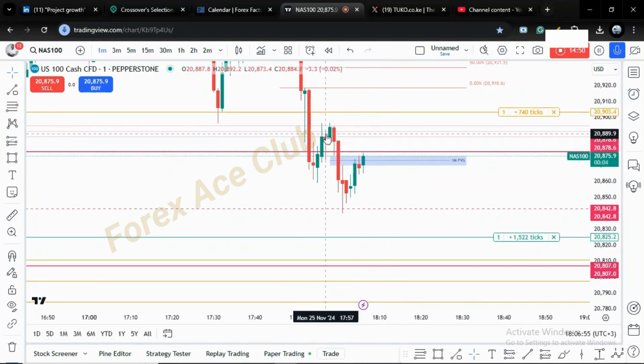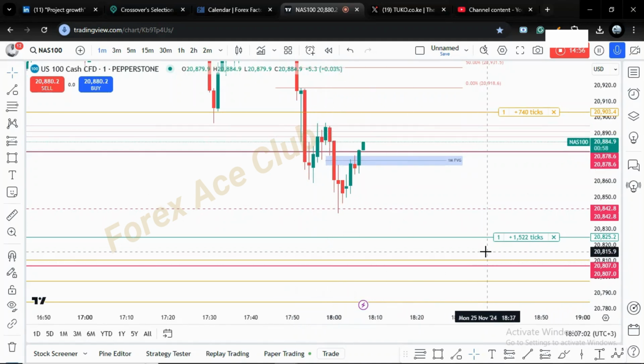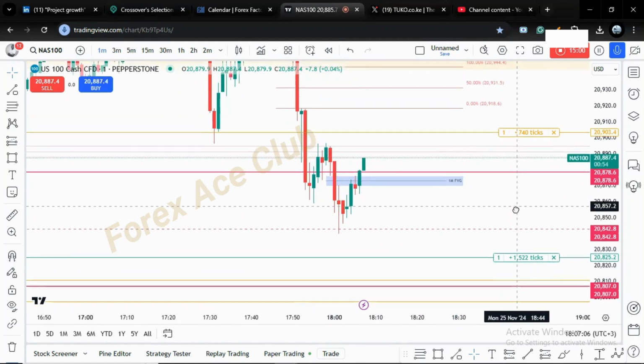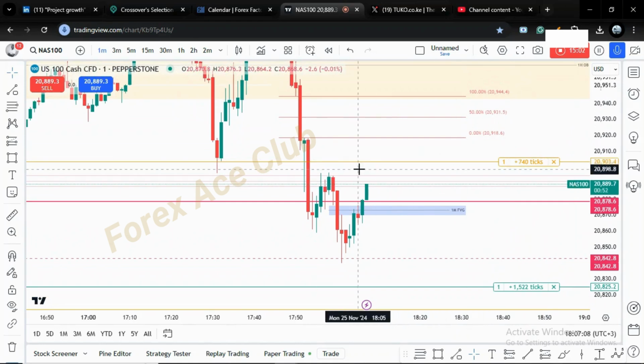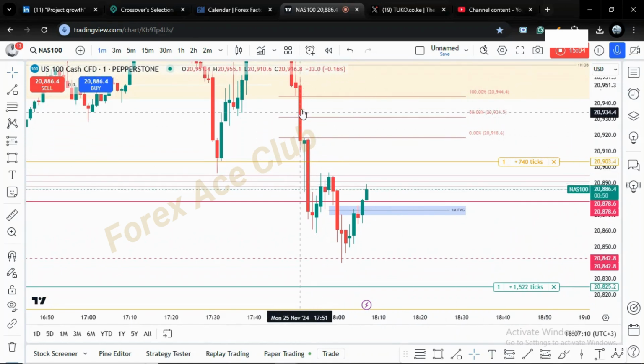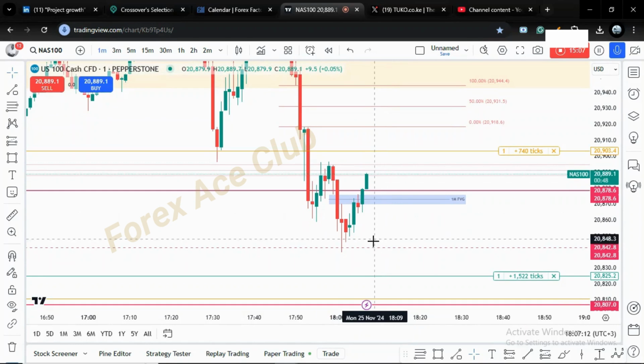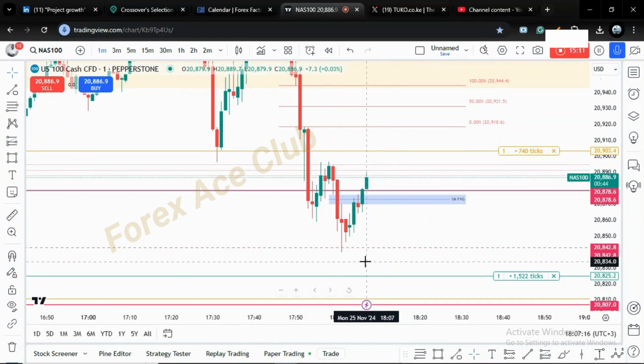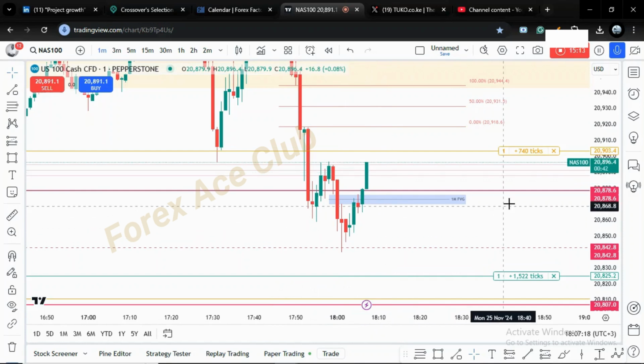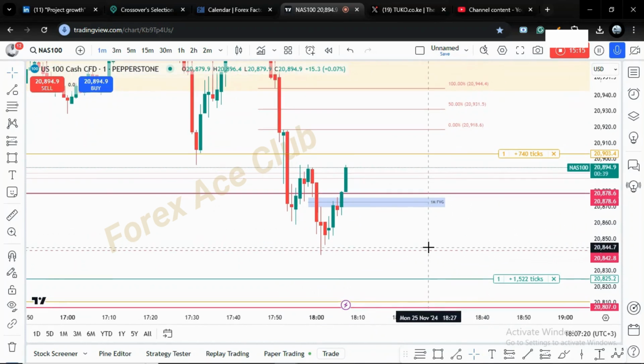I wouldn't want to see the market trade above this green candlestick. Then I'm not willing to hold this trade for the market to trade into the inefficiency, because it already traded through the midpoint of the opening gap. Now I want to see how I'm going to be stopped out in profits.